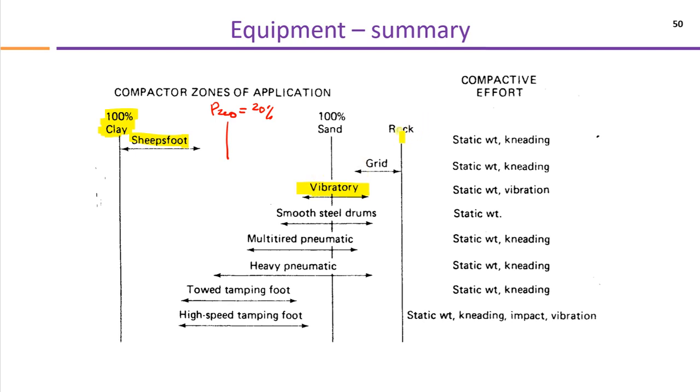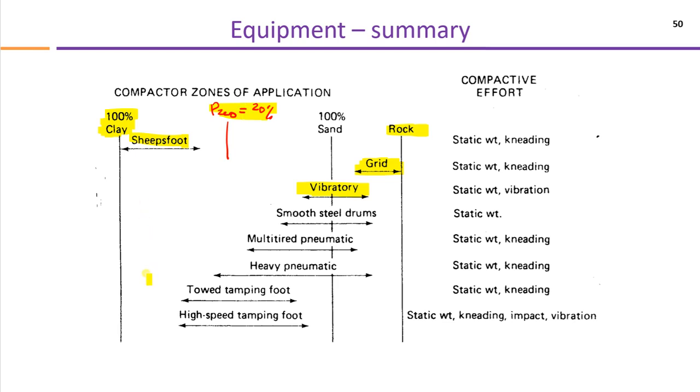Okay, and if we have rocks in our soil, then we are going to use the grid roller. So the decision is based on the type of soil and the percentage of fines in it. If the fines are more than 20%, go for sheep foot roller. If the fines are less than 20%, then go for smooth wheel roller or any other roller, but use the vibration. If the rock pieces are more, then use the grid roller.